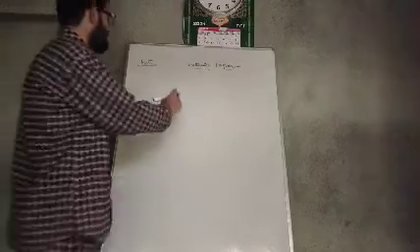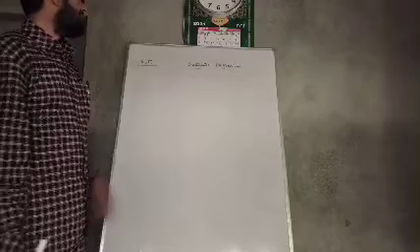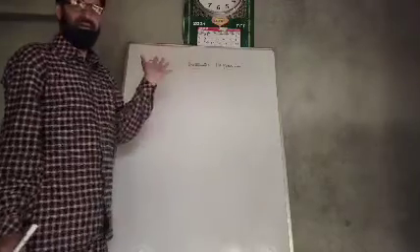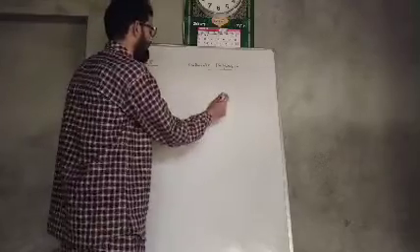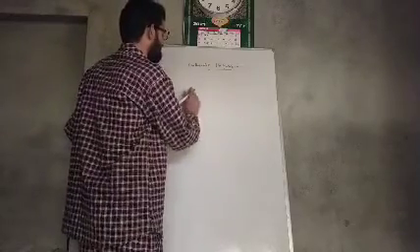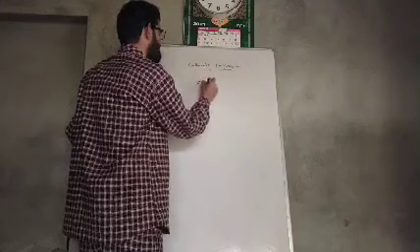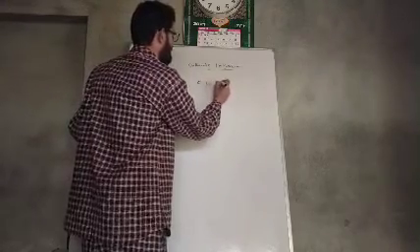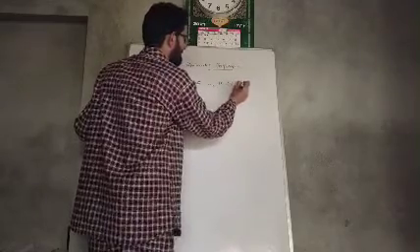Now let's observe these. What is an AP? What is an arithmetic progression? Let us define arithmetic progression, but before that, let us observe the following patterns of numbers. This is 5, 10, 15, 20, and so on.